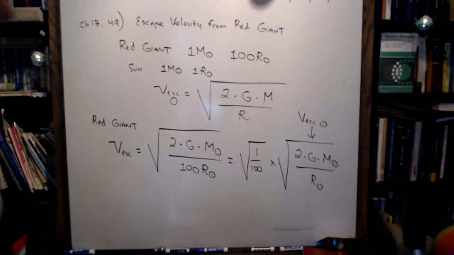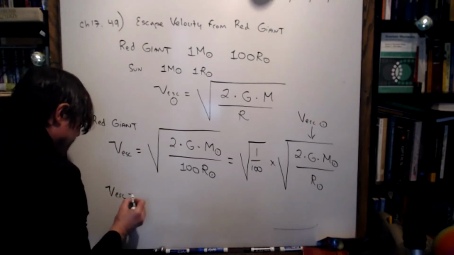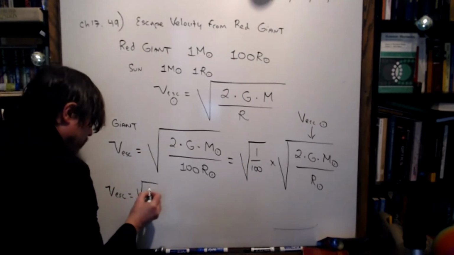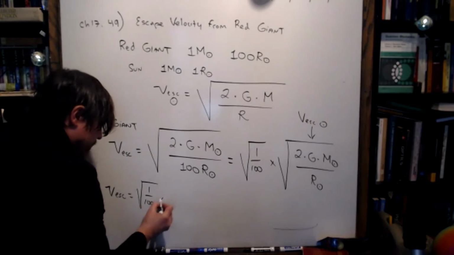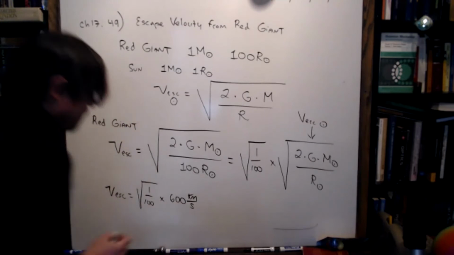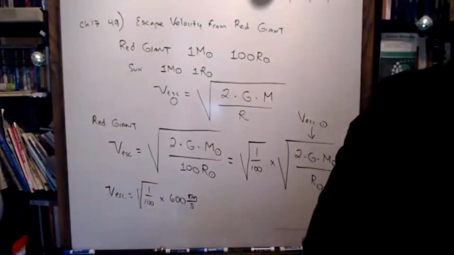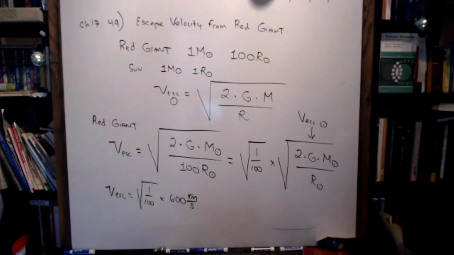And what did that value turn out to be in kilometers per second? 600. Right. So what we have is radical 1 over 100 times 600 kilometers per second. What's my final answer? 6,000 kilometers per second.